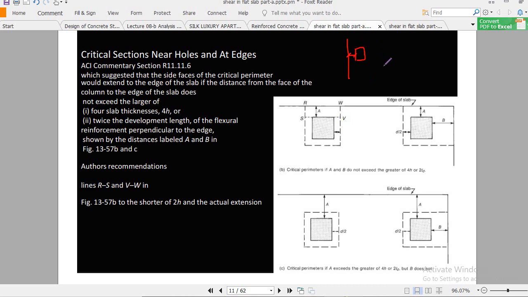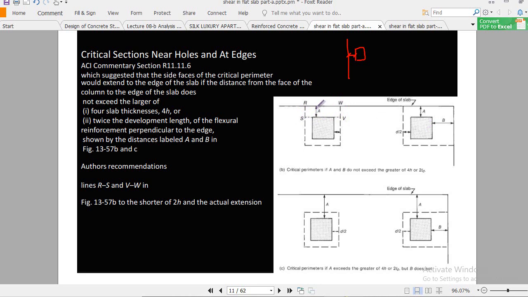So the ACI code says that if a cantilever slab is present along the edge column or along the corner column, whether you have to go forward from the face of the column or not, this means whether you have to consider this RS distance or VW distance or not. This is the question.